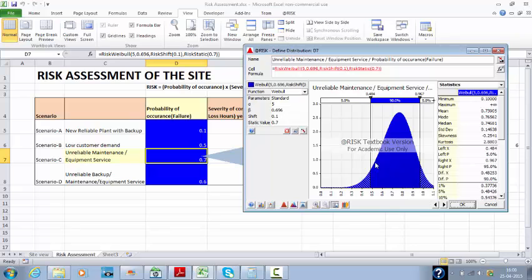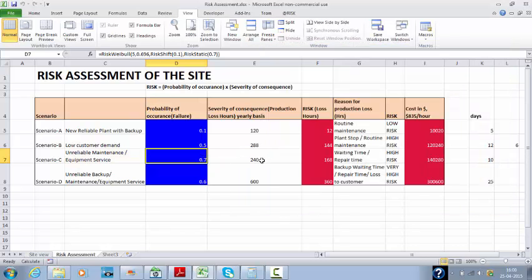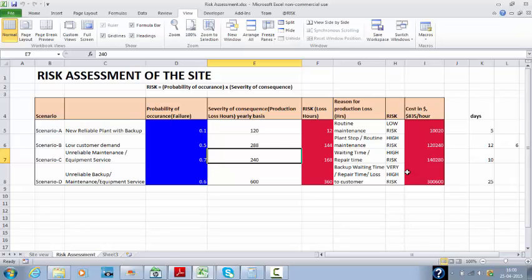So these are the probabilities, quite a high probability in fact, and the consequence is 240 hours. That's about 10 days of stoppage, and we could have anything from 10.7 to 168 hours to 240 hours within this range.